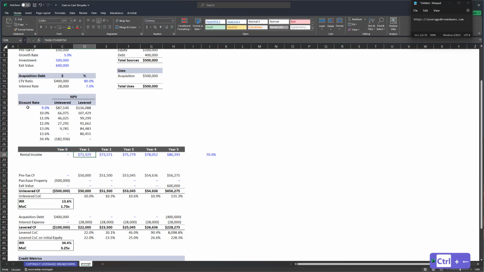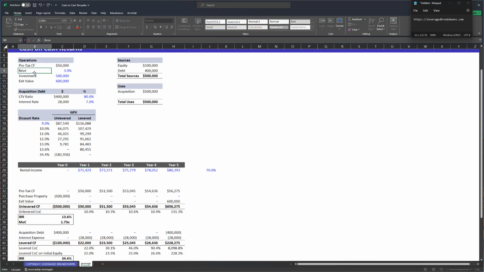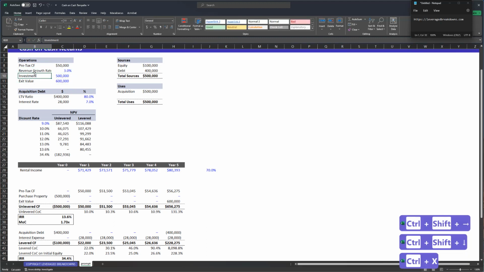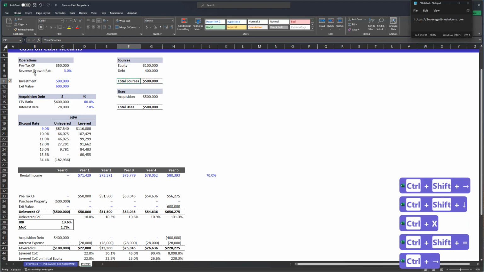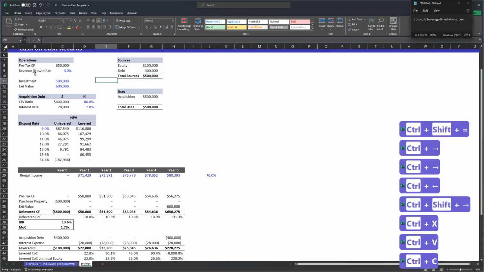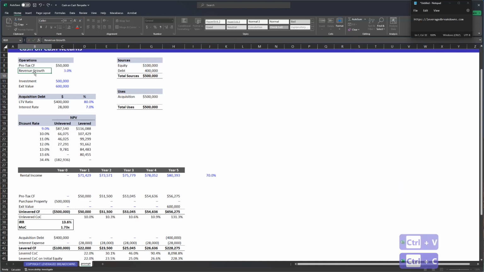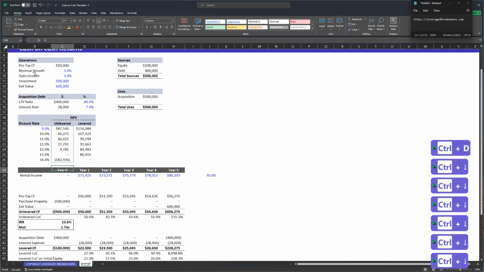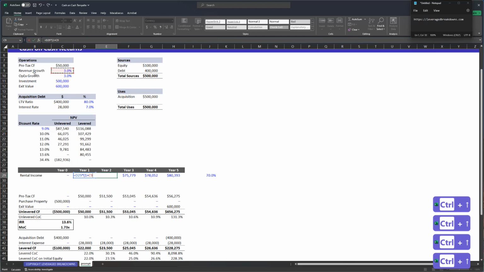So we're going to grow my revenue growth rate, and let's do an OPEX growth rate as well. Revenue growth, OPEX growth, let's do 3% as well, just to keep things simple. So let's say this is our first revenue, that times 1 plus the growth rate, should be the same number.